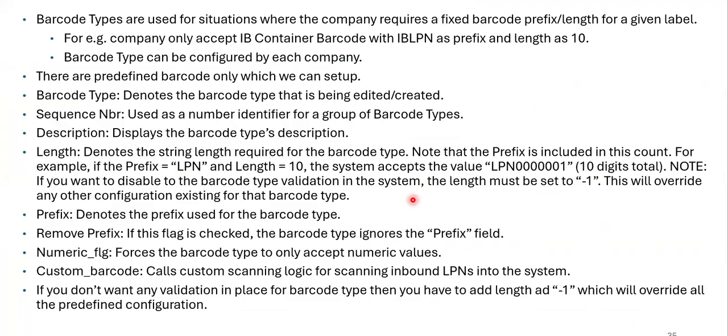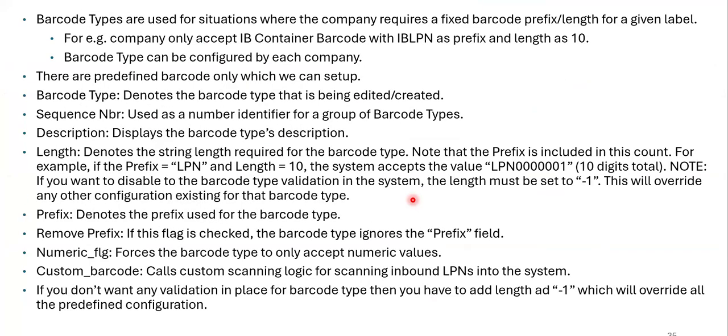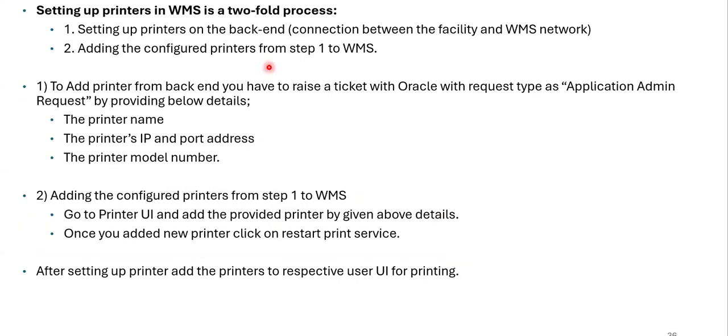Rajiv, okay, I have also added that. Maybe that slide is not here. How the sequence counter and barcode type are different: barcode type is just to validate the scanning, meaning what number you are scanning. Sequence counter is used to generate the number. Both things are different.